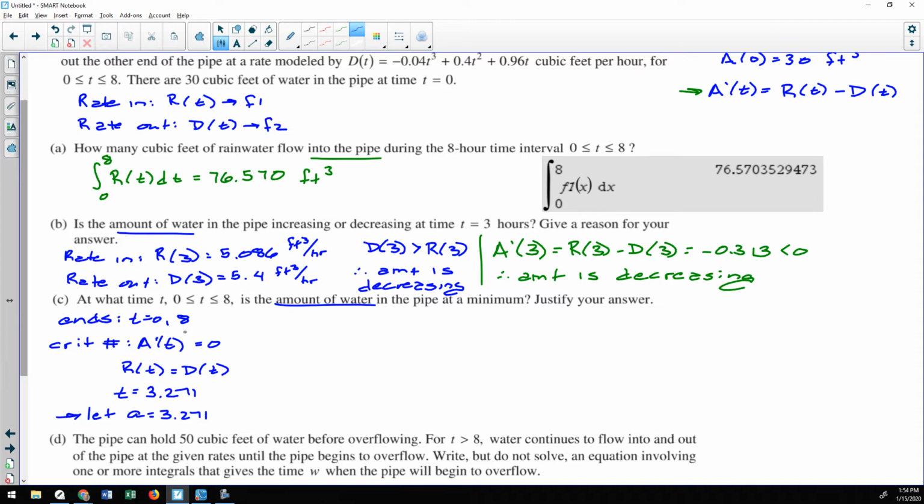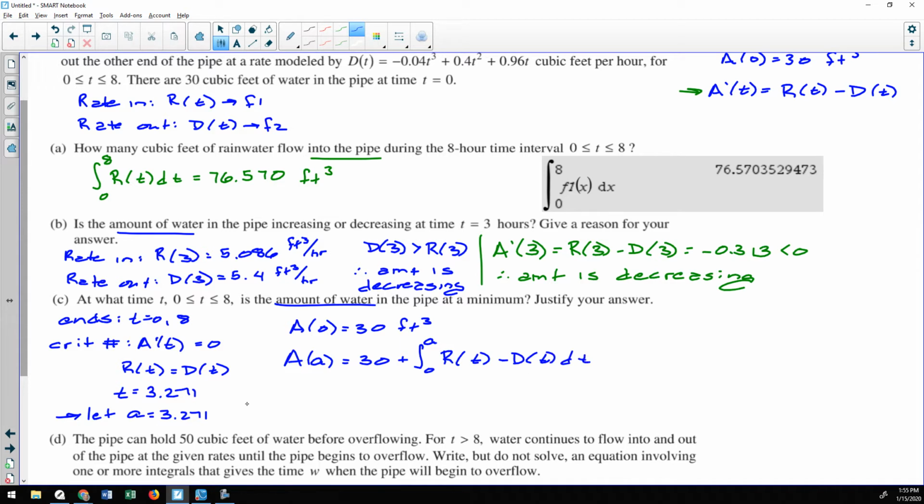So to find my minimum, I now need to find the amounts at each of my candidates. My amount at time 0 was provided, and I can barely see that up there in the corner. It was 30 feet cubed. And my amount at my critical number, which I defined as time A, is going to be my initial amount, what I start with, plus the overall change from 0 to A of my A prime of t, which is r of t, rate in, minus rate out.